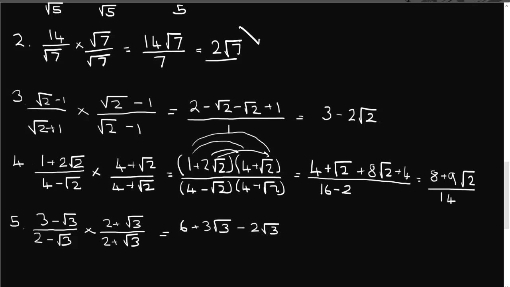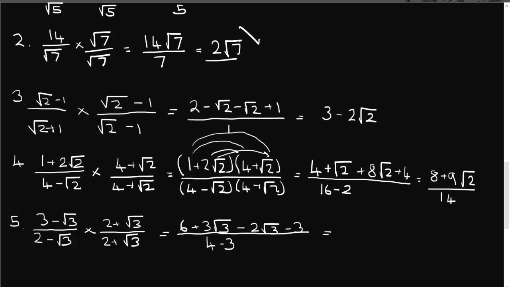And minus root 3 times root 3, which is minus 3. Divide that by 2 times 2 is 4, root 3 times root 3 is 3, 4 minus 3 is 1.